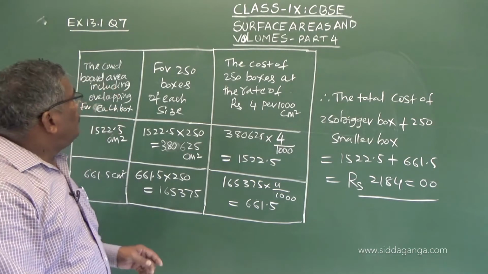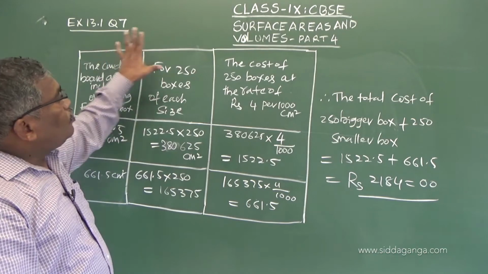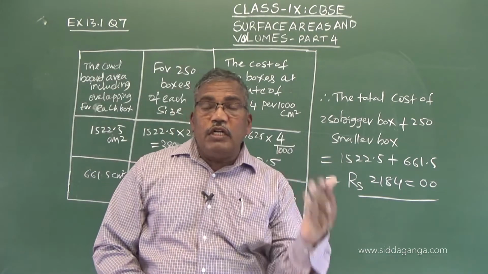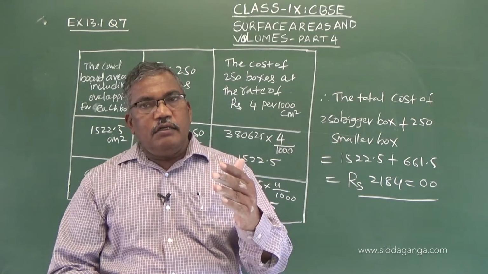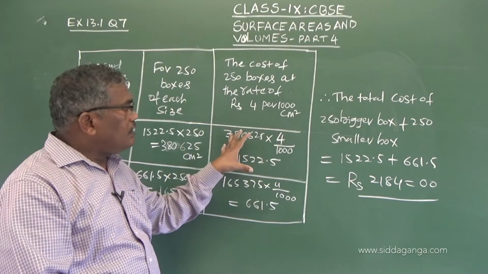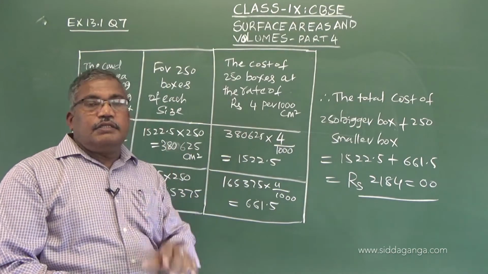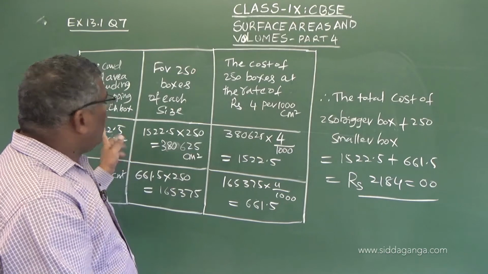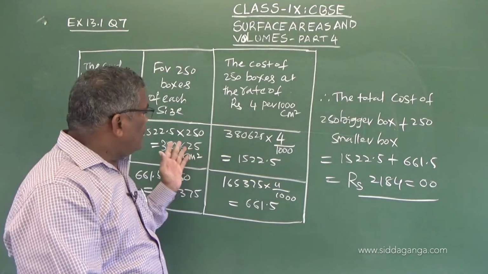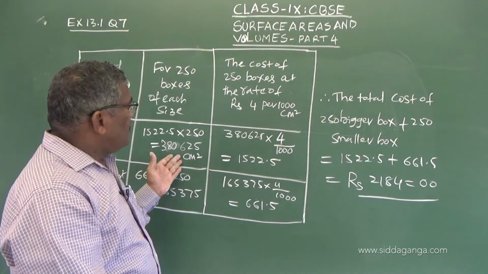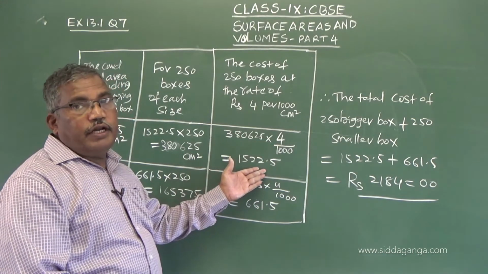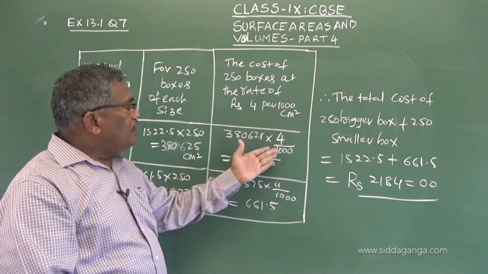So what we have done, there are two sizes of the boxes. For each size, the total surface area we have calculated, and we have added 5% for wastage in each case. For each box we have got the area, multiply it by 250, then we will get the total area in centimeter square, and we have multiplied by the rate, that is 4 rupees per 1000.